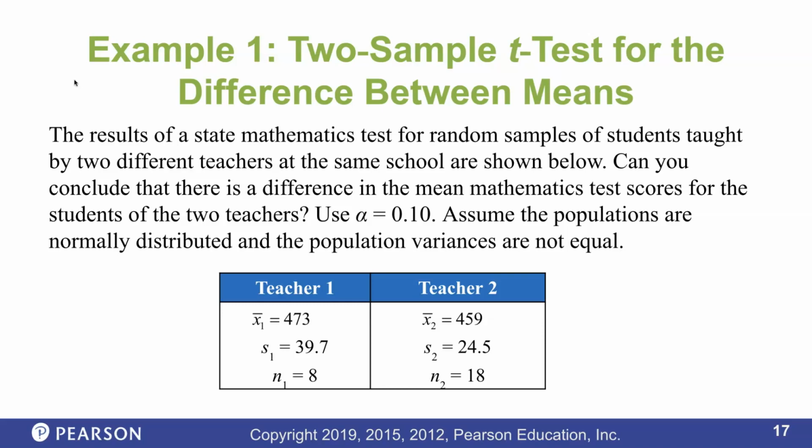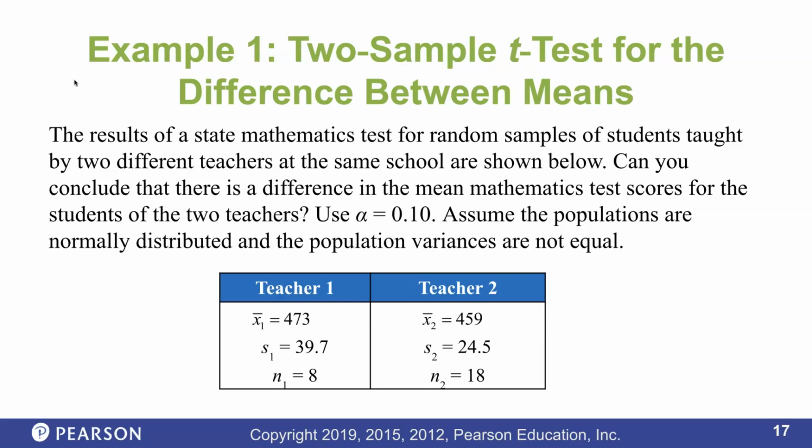So what are we doing? Can you conclude that there is a difference in the mean mathematics test scores for the students of the two teachers? Use alpha level 0.10. Assume the populations are normally distributed. Thank goodness, because if they didn't say that, what was the second condition?